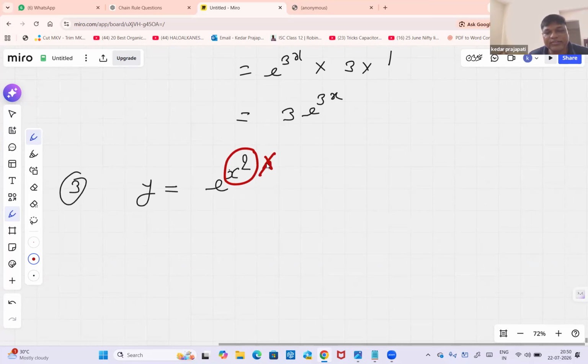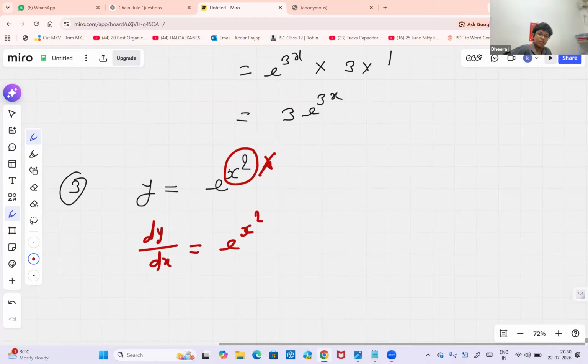So now dy by dx will be e to the power x square, then I have to find d by dx of x square.